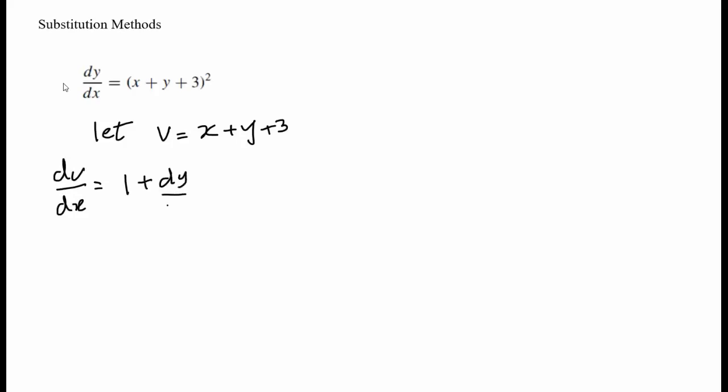However, there is something that can be done, and that is to go for a substitution. Let a new variable v equal x plus y plus 3. Then dv/dx is the derivative of x, which is 1, plus the derivative of y, which is dy/dx, and 3 is a constant, so its derivative is 0.